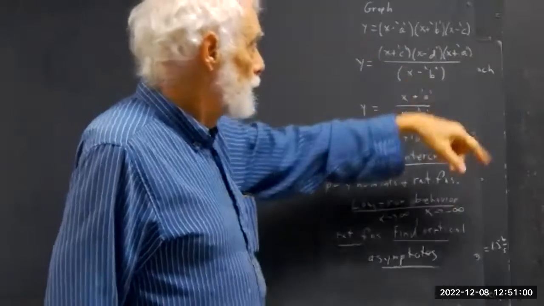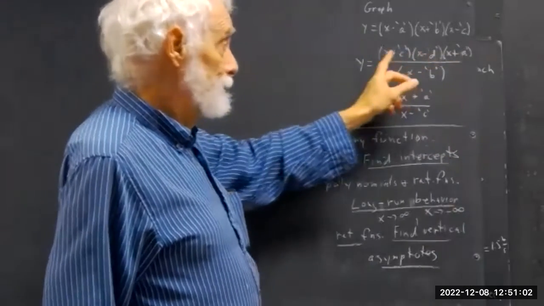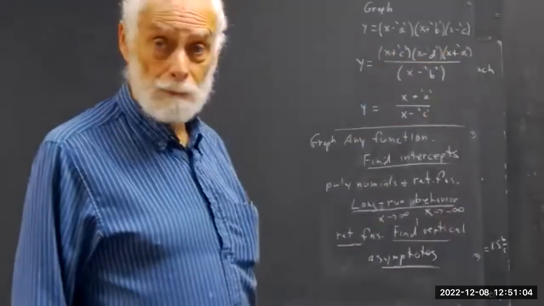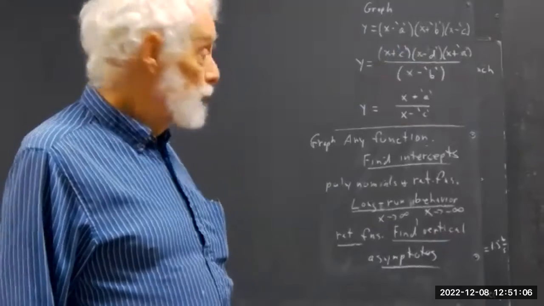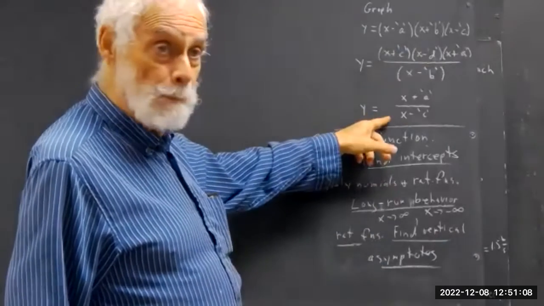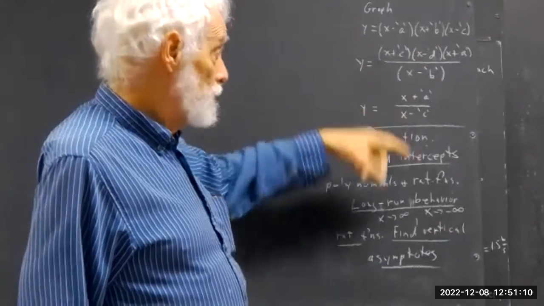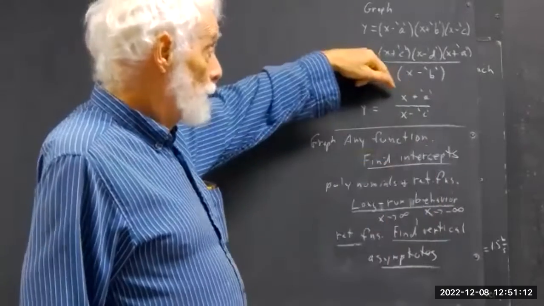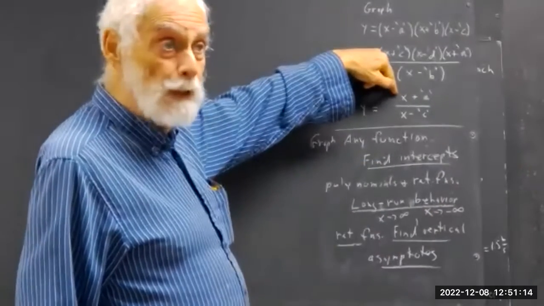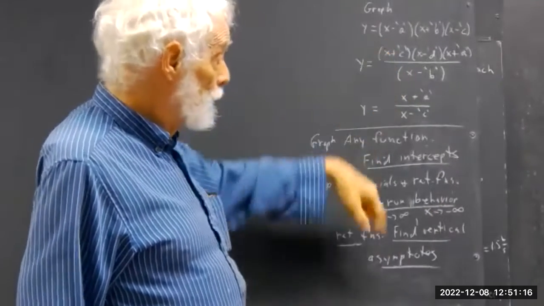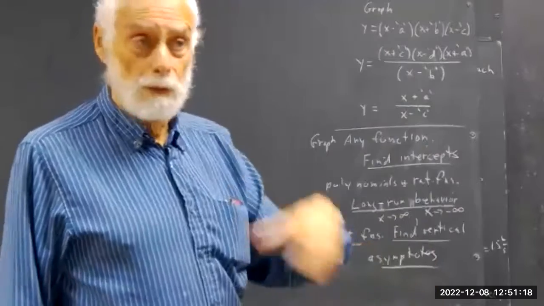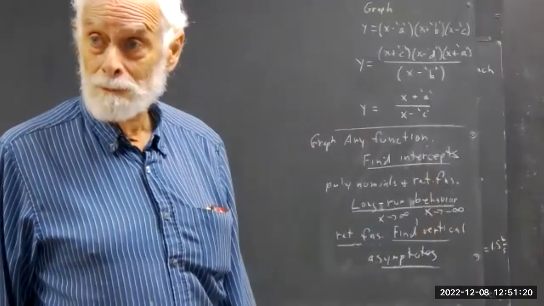So you set this equal to 0, it's going to be 0 only when the numerator is 0. Down here, I'm going to have one number that makes it 0. That'll be negative whatever a is. That'll make the numerator 0. The denominator won't be 0. So that's going to be a 0.